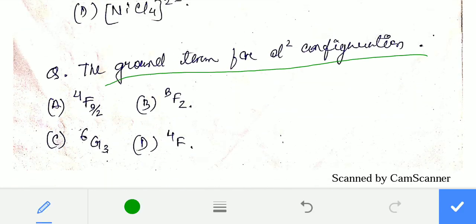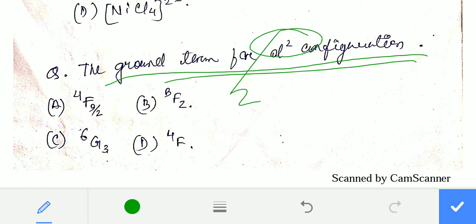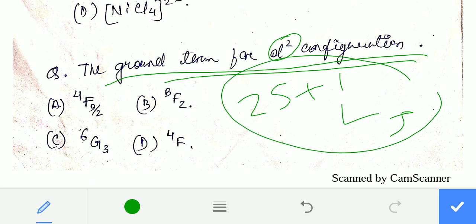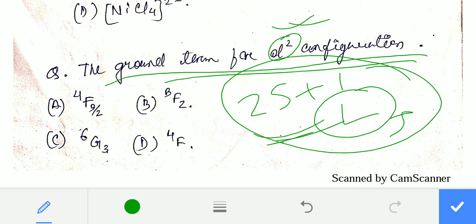This is the last question. The ground term for d2 configuration. We know this is a generalized form through which we can calculate the ground term of any configuration. Now for L, we need the ground term for d2 configuration.